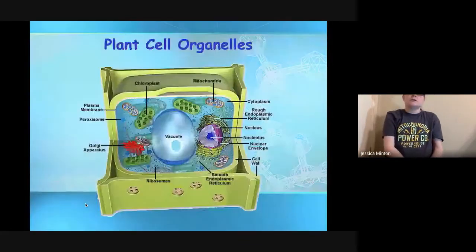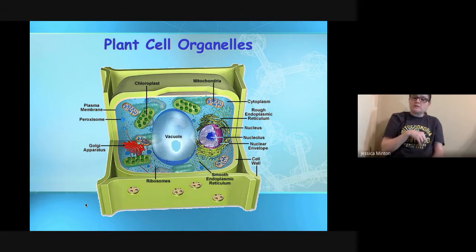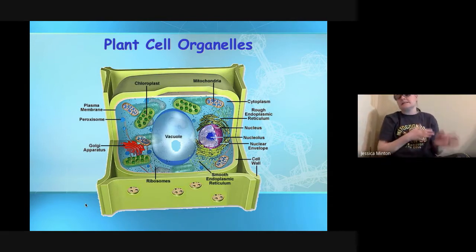So notice here, again, we go back into plants, and a lot of these are the same: the Golgi apparatus, which we have already mentioned, ribosomes, smooth ER, rough ER, cytoplasm, nucleus, nucleolus, and mitochondria. But notice that in this picture you've also got a peroxisome, a chloroplast, and a cell wall, which are three things that we did not find in the other one.